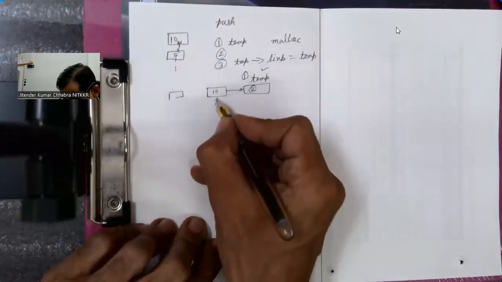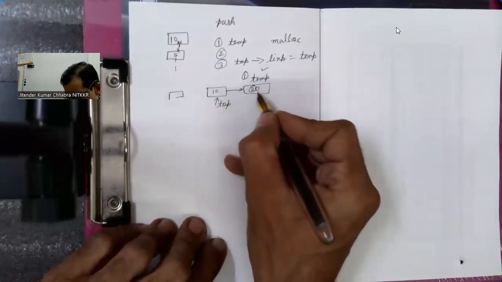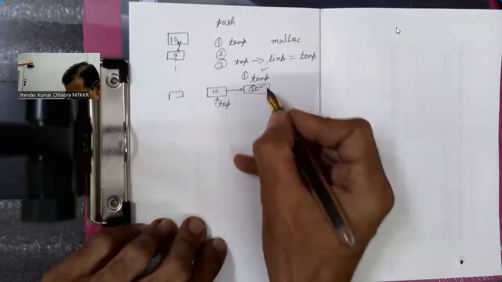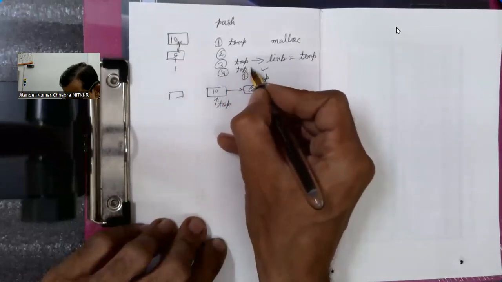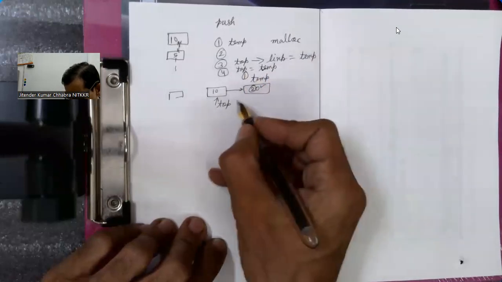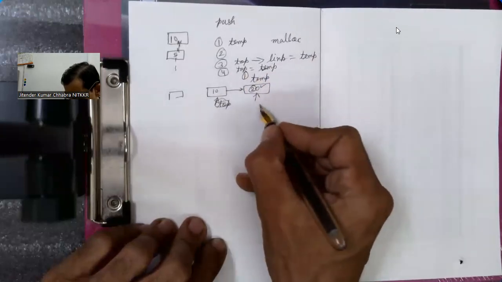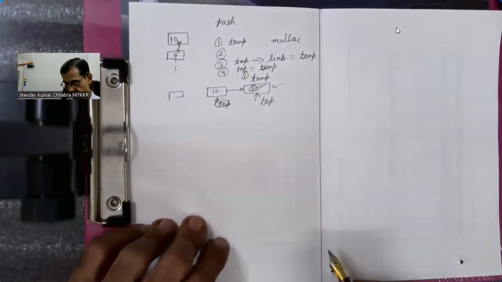So this was your top, and you said top arrow link equal to this 20. And this node connection becomes okay. And then you update top, so you say top equal to 20. Let the current or last node point here. Perfectly fine. We wanted this top to point to the last node.